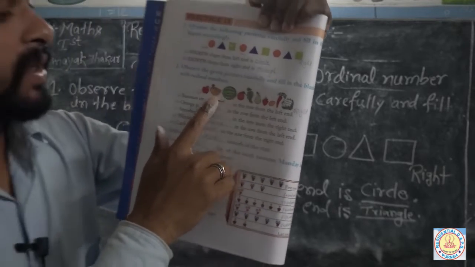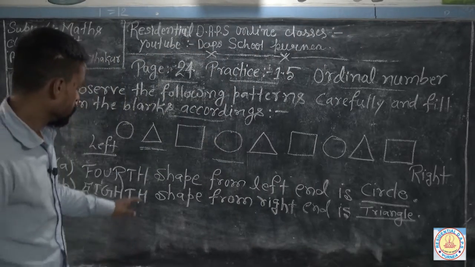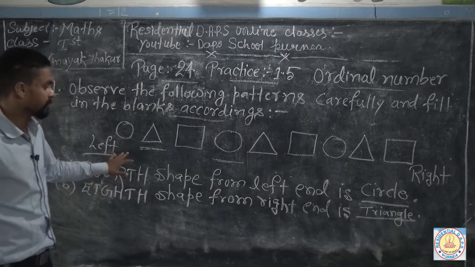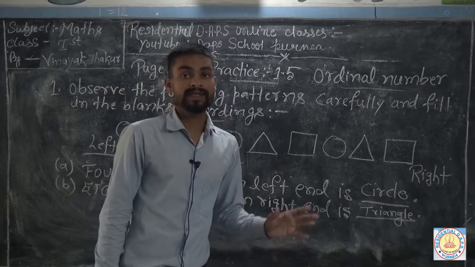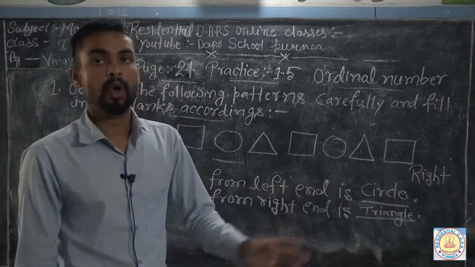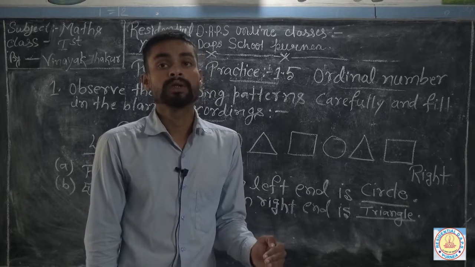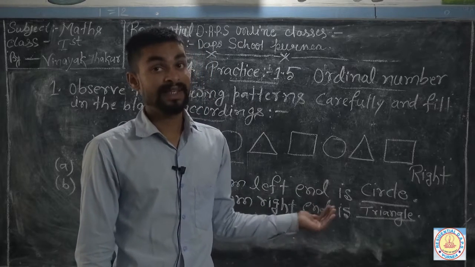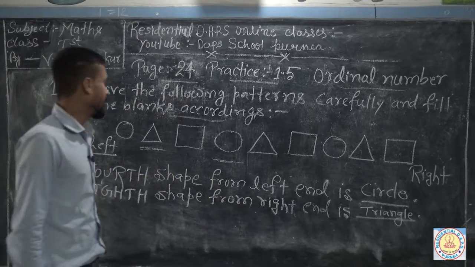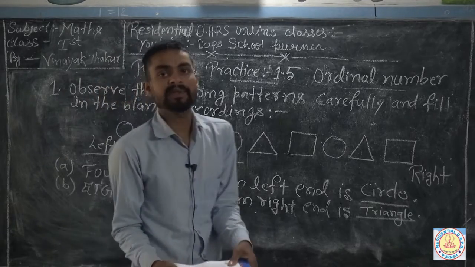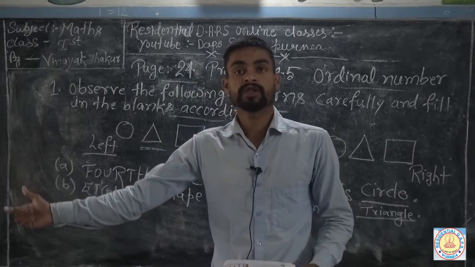So this is your second figure, and at first you have to put the right position, which is on your left and which is on your right side. So at first you have to put the side of these things. So you also know which is on your left and which is on your right. This position is your left and that position is your right.